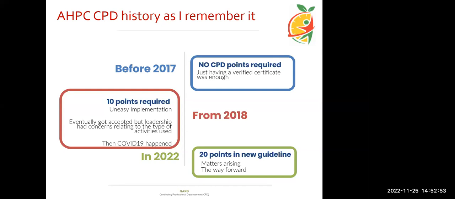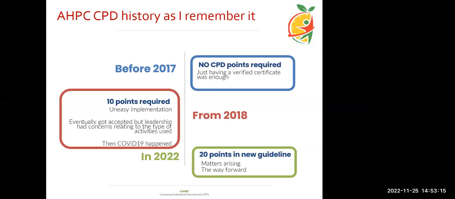As professional bodies, we had concerns with the way it was implemented. What it meant was that, for example, at the time, you needed to have been in a physical meeting at all costs, in what we call a structured formal activity, before the Allied Health Professions Council would even admit it.